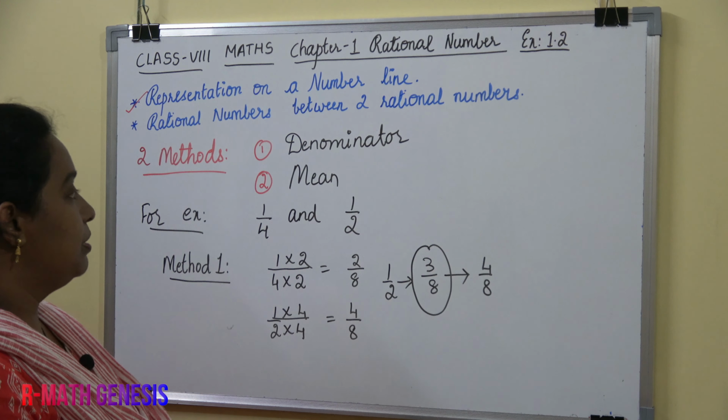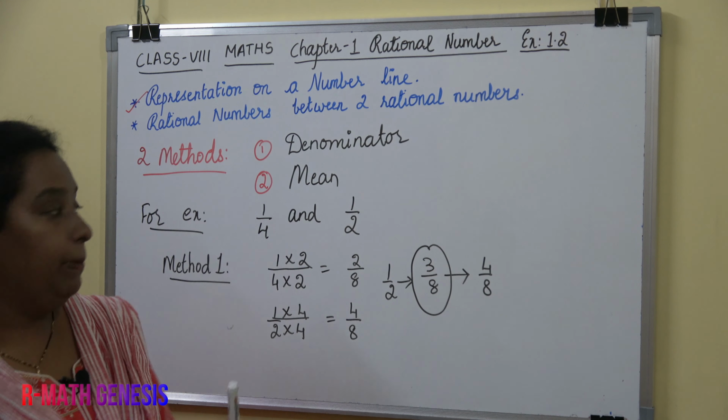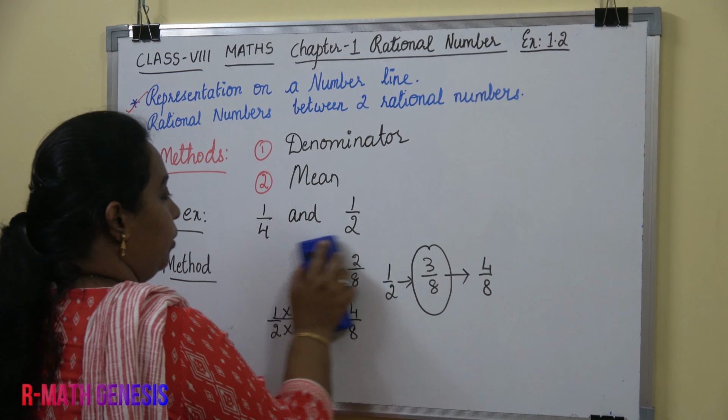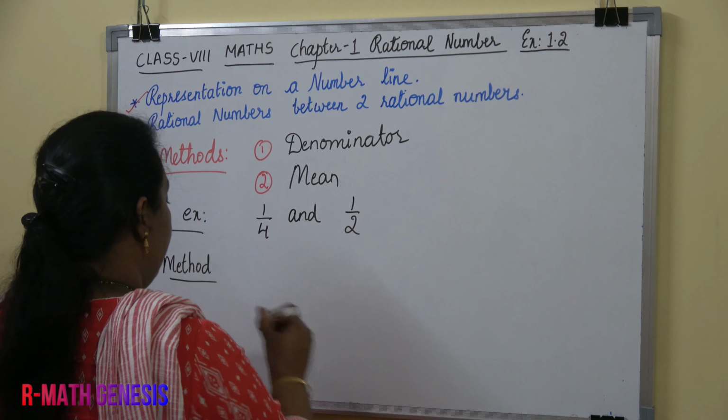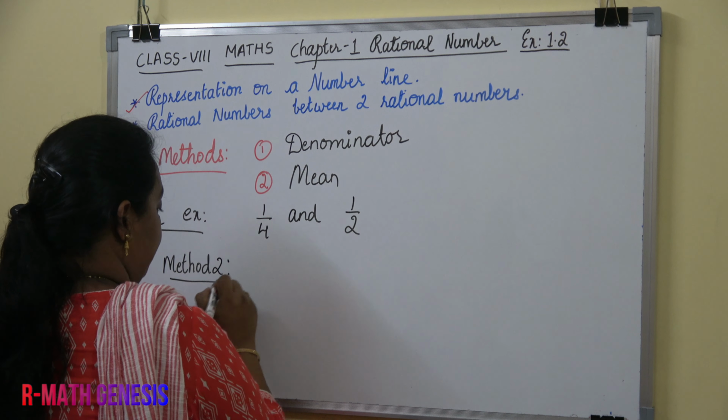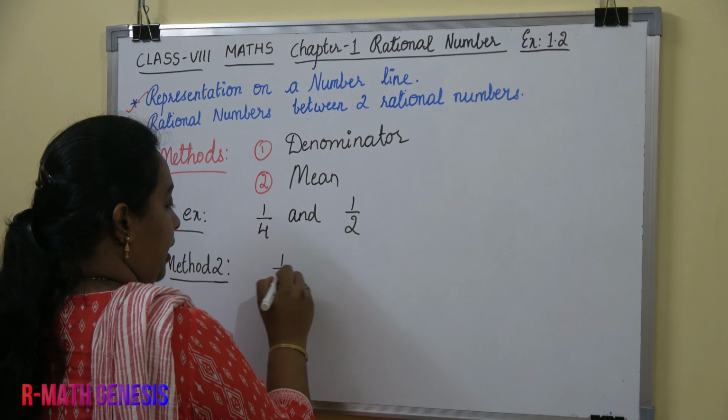Next comes the concept of mean, which we have already studied in our 7th standard. Mean is nothing but the addition of two rational numbers divided by 2. Taking the LCM of 4 and 2 we get 4.